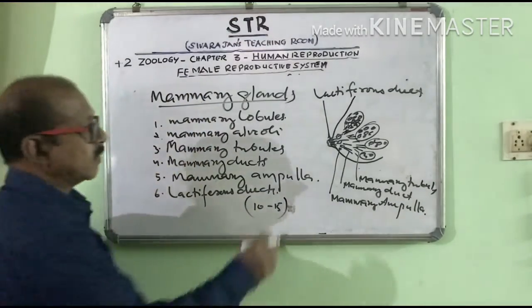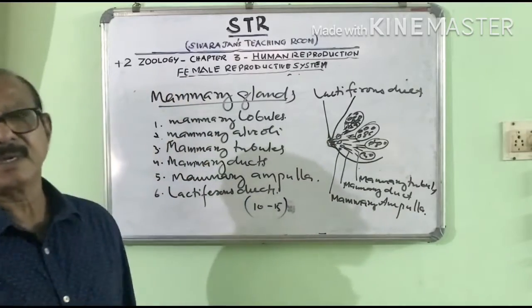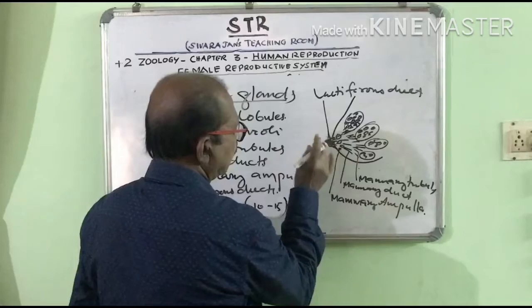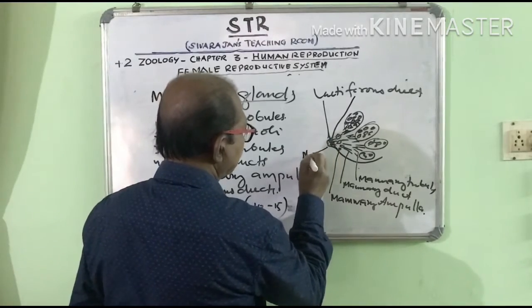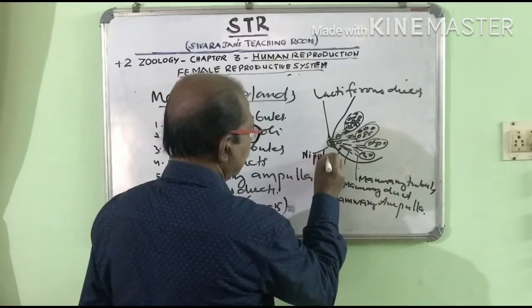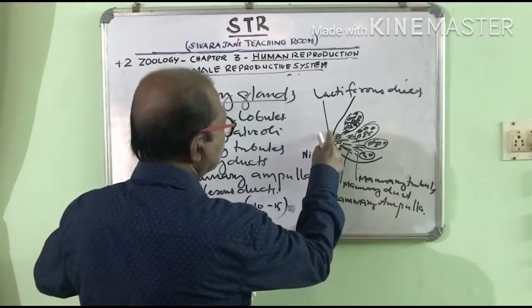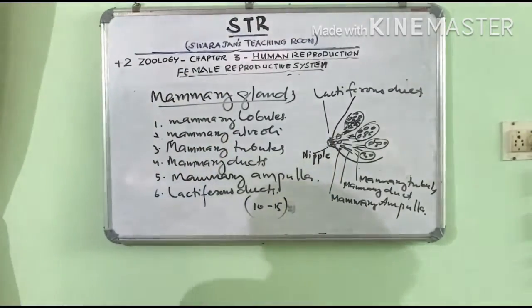And all these lactiferous ducts joined together project outwards, and that we call the nipple. So this is about the structure of the mammary gland.